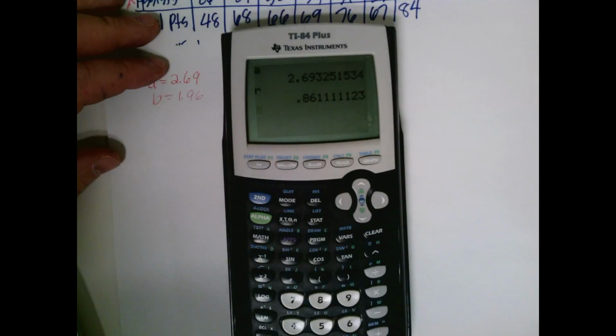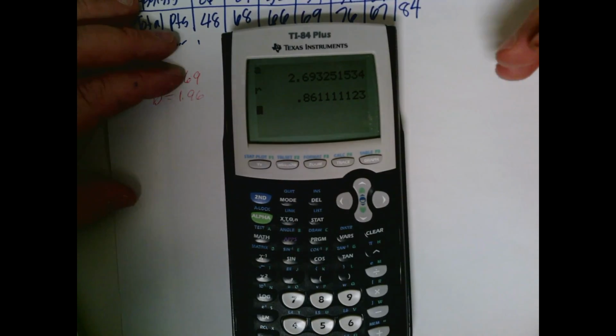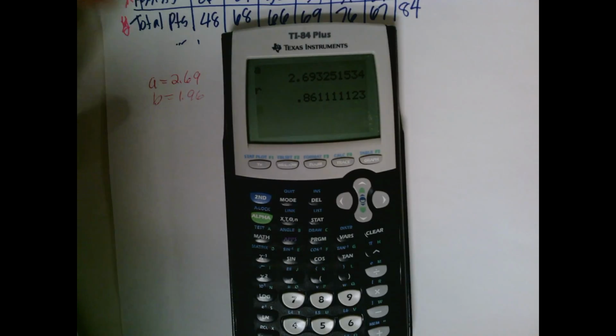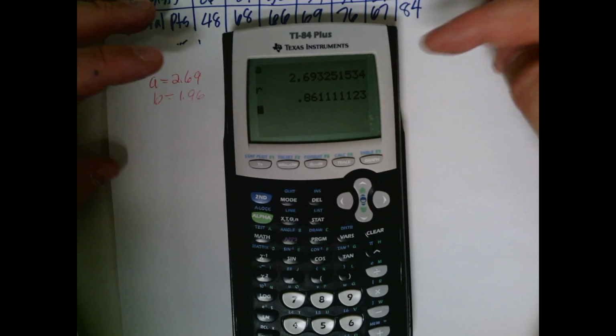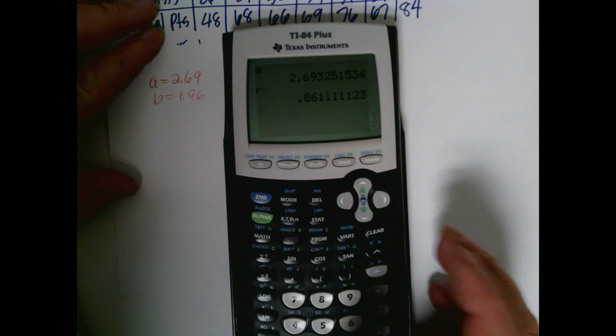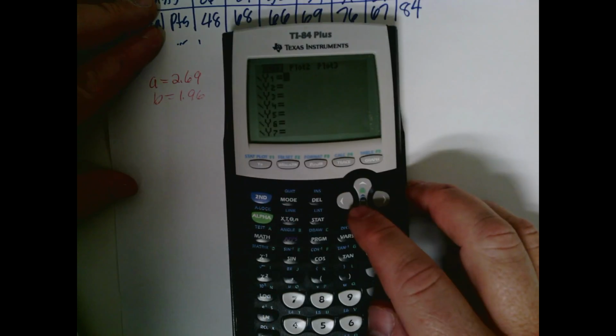Now the only thing we really can't do on the calculator, the way we do it in class, is the testing. So that one, you would still have to do it the way we did it in the other videos. But here's the R's. So we can actually, if we wanted to, graph our line of regression.